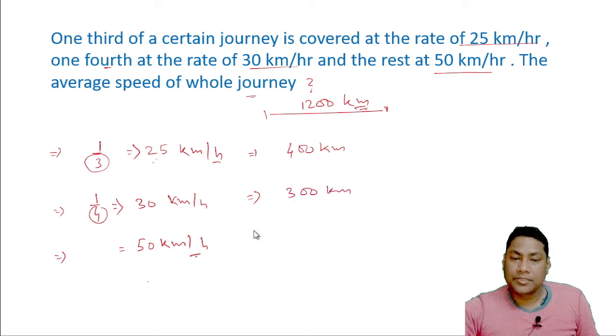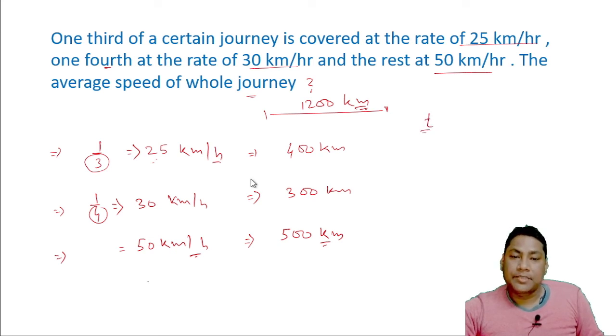For the rest, if we subtract 400 and 300 from 1200, 400 plus 300 is 700, and 1200 minus 700 is 500 kilometer.